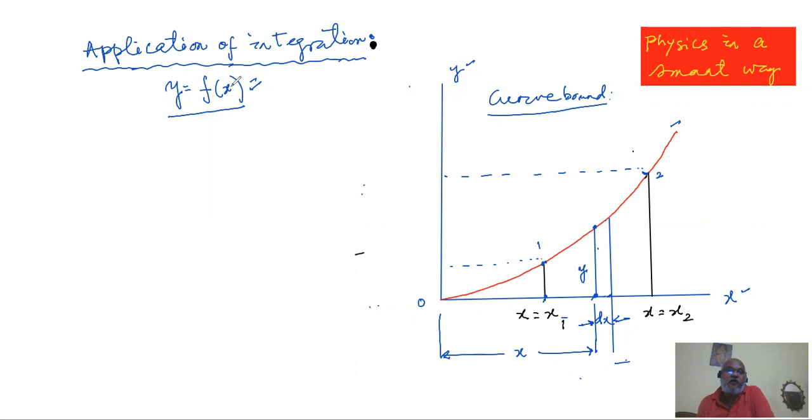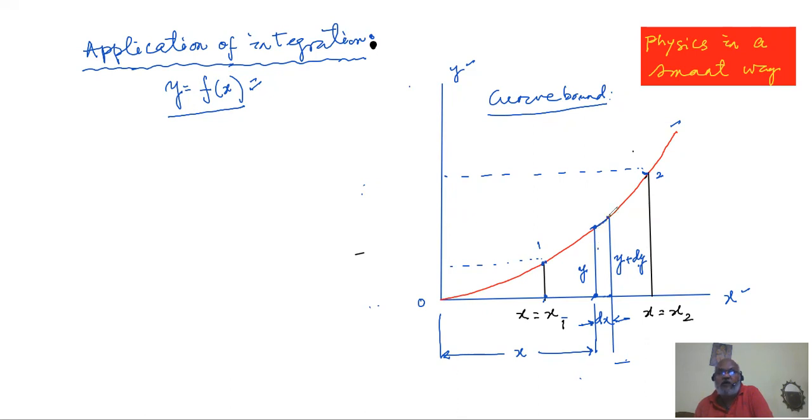If in the function formula I replace x by x plus dx, I am obviously going to get a new value of y, that is y plus dy. Physically, as we move over by a very, very small distance on the curve, the first point that I selected arbitrarily had the values x and y.